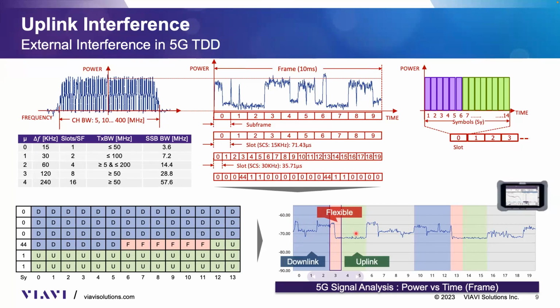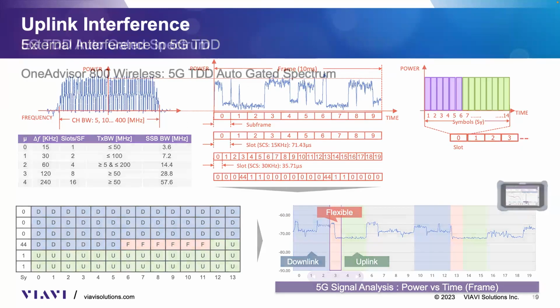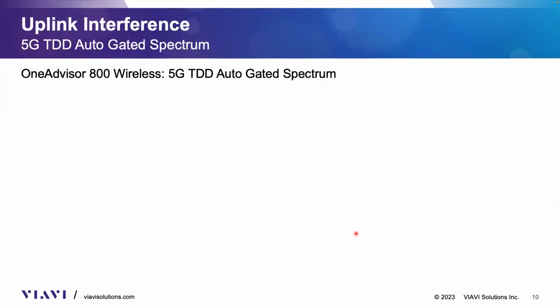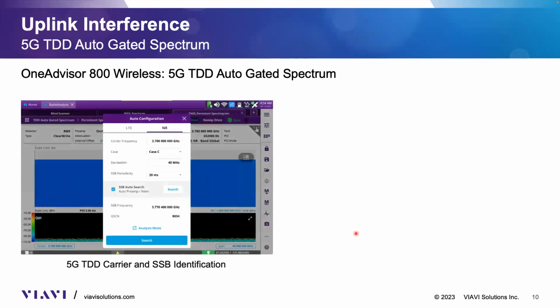So with this understanding, what we have done is we have implemented an automatic way for our solution, OneAdvisor 800 Wireless, the ability to automatically find the frame and give us the opportunity to trigger just on those uplink symbols. So the process is fairly simple.